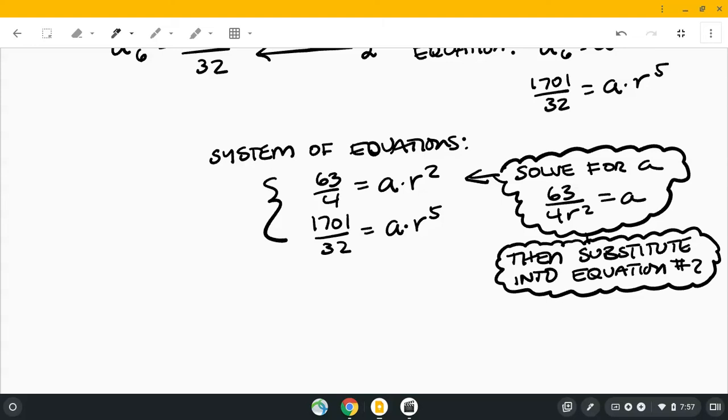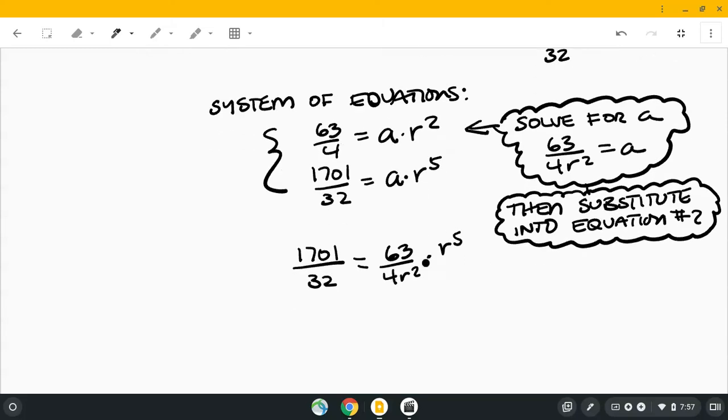All right, so 1,701 over 32 equals a, but a is this, 63 over 4r squared times r^5. Okay.